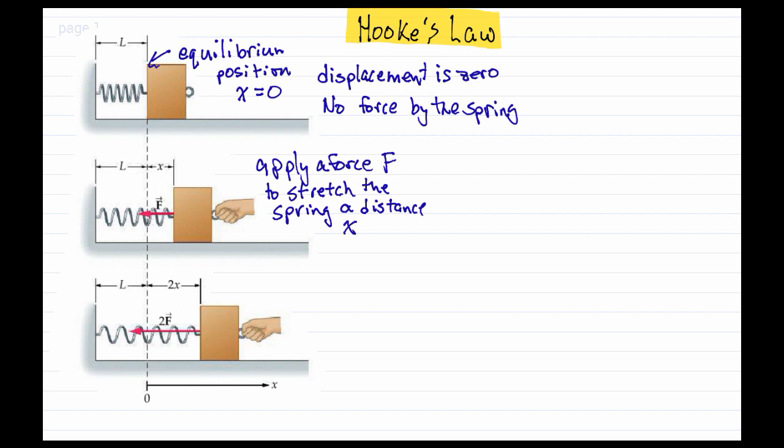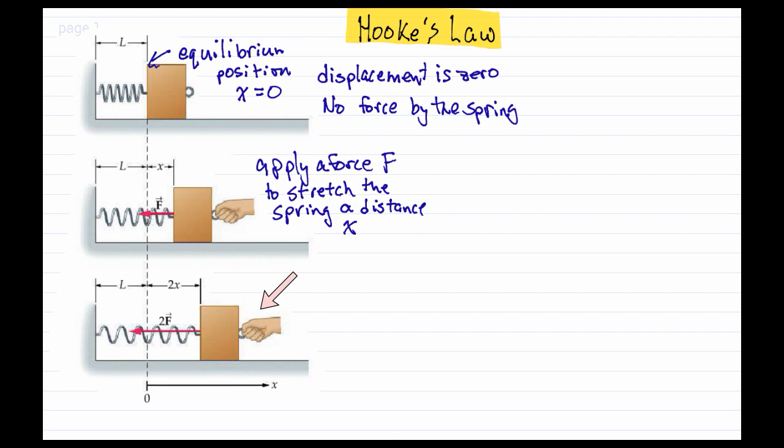Okay. And now let's look at this third diagram. If we double the amount of force, what happens is that we double the distance we can stretch the spring. And one thing to note in this previous one, when we apply this force F, this is the force that the hand is exerting, and that's equal in magnitude to the force that the spring is exerting, but in the opposite direction.